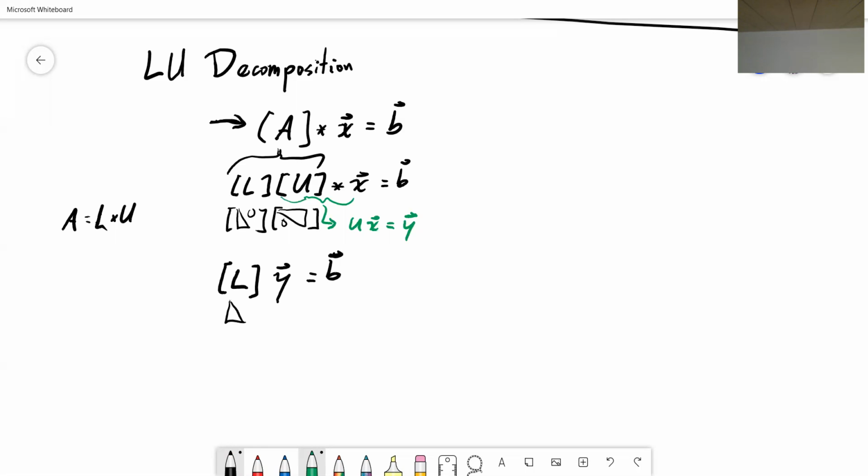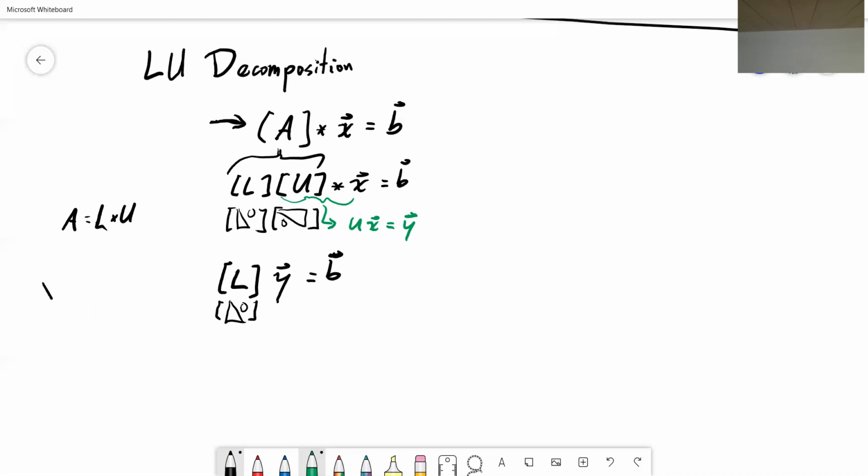So in this case, it's lower triangular, but we can do something very similar to what we did at the end of Gaussian elimination, where we did backward substitution. Let me write that more neatly.